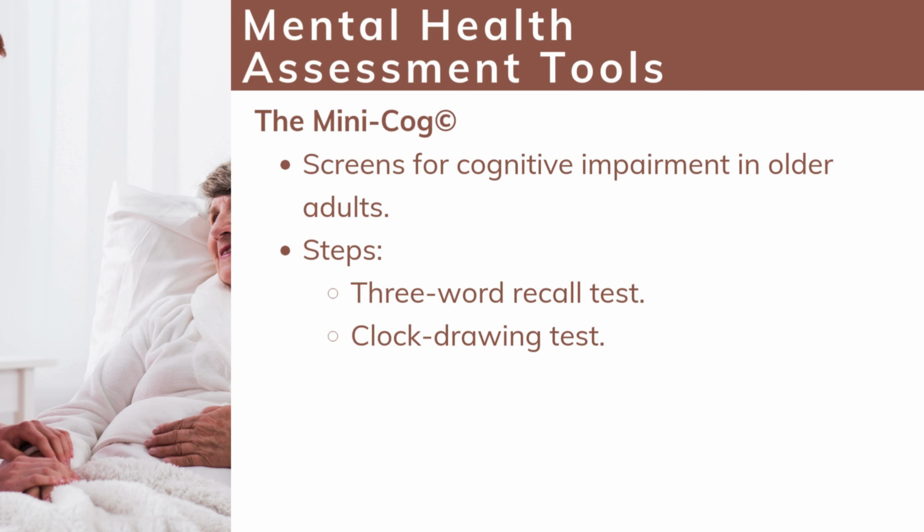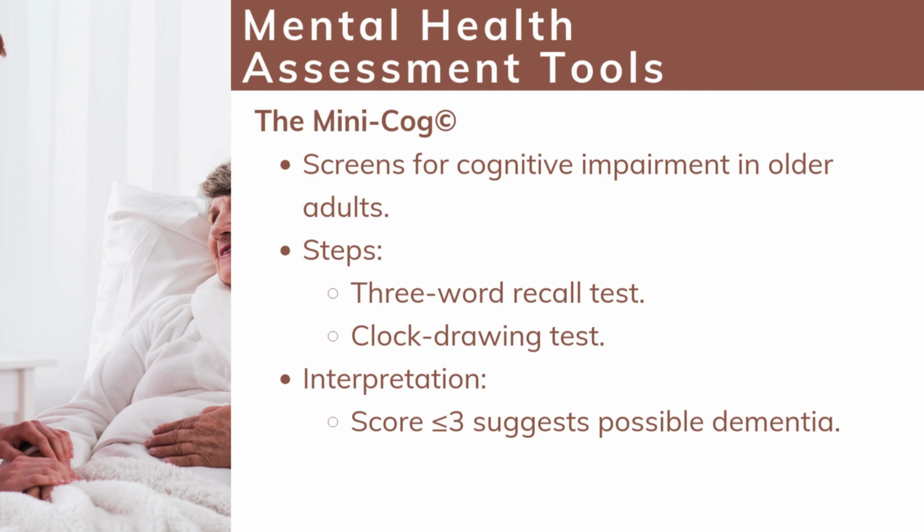Clock drawing test. The patient is asked to draw a clock showing a specific time. This assesses executive function and visuospatial skills. Word recall. The patient is then asked to recall the 3 words given earlier.